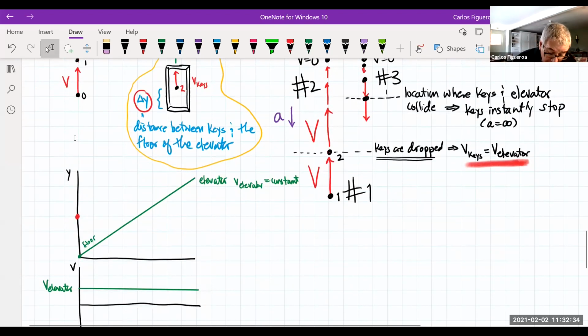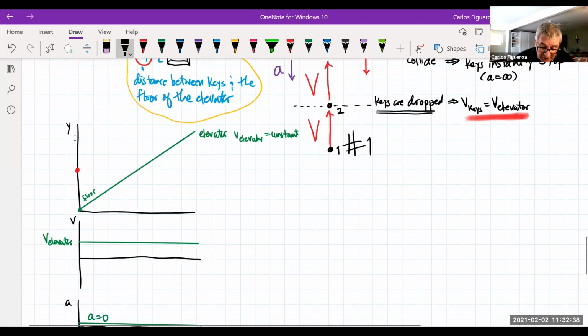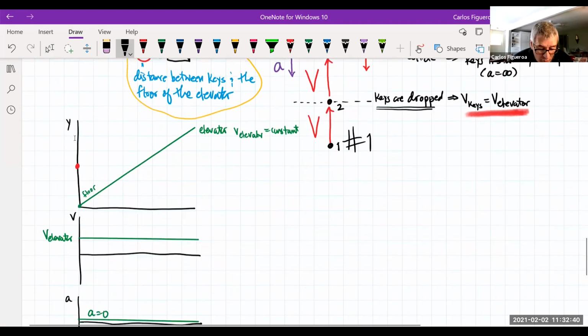Okay, so let's do this here. Let me set up an interval here. The first thing is, when do I drop the keys? I'm going to say that this line here represents when I drop the keys. So in other words, this is my interval number 1.